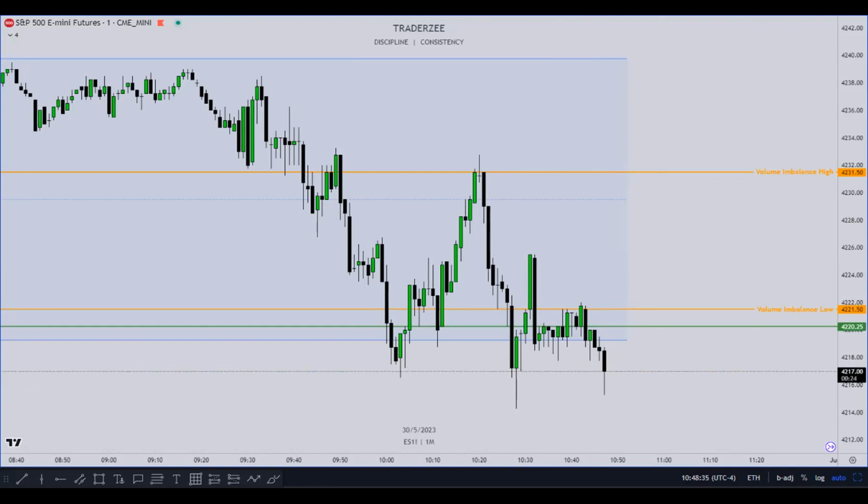Dollar, dollar, dollar. It's not giving me what I want to see. Still chopping.